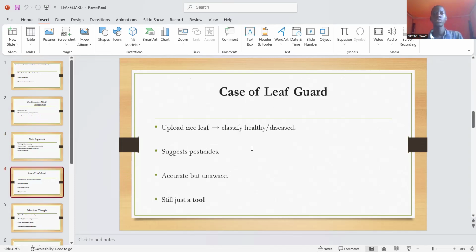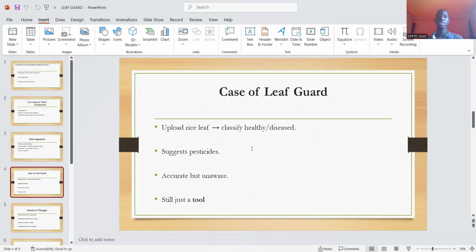I think that also summarizes this case of LeafGuard. Here I'll just talk about how LeafGuard operates. It is an AI-powered chatbot where a farmer will upload the leaf of the crop and the system will analyze and classify what this crop is suffering from. For instance, we have maize stem borer.